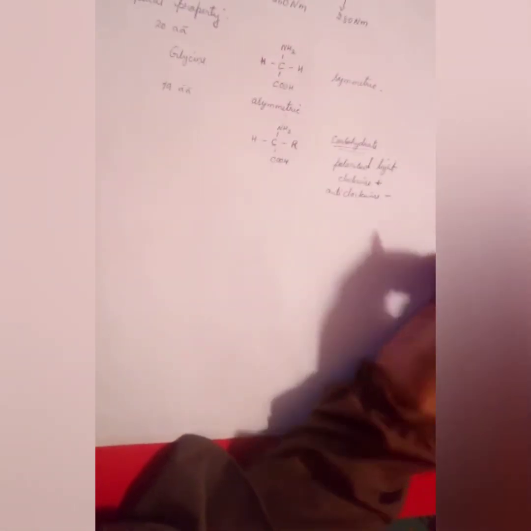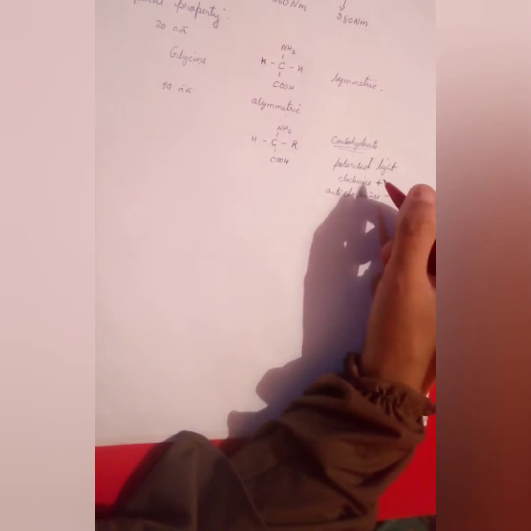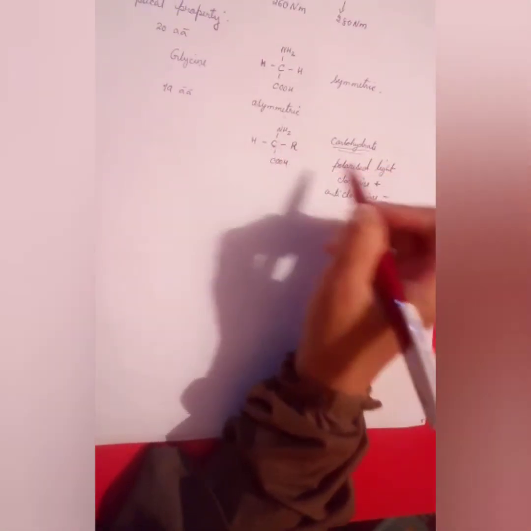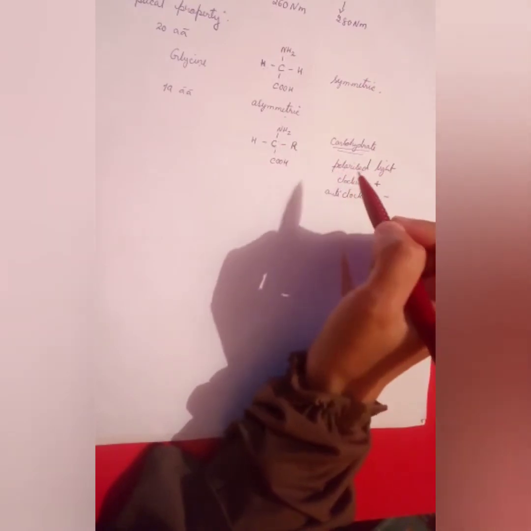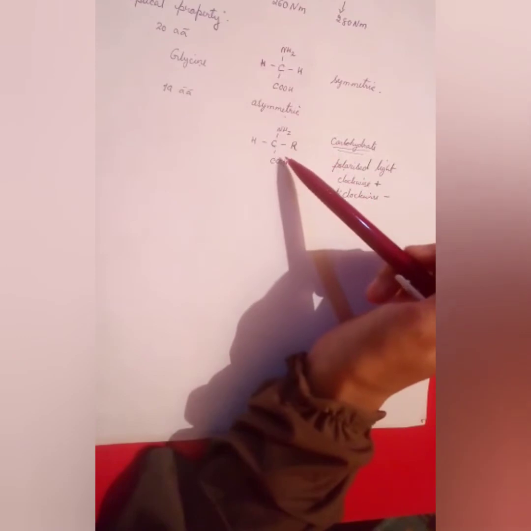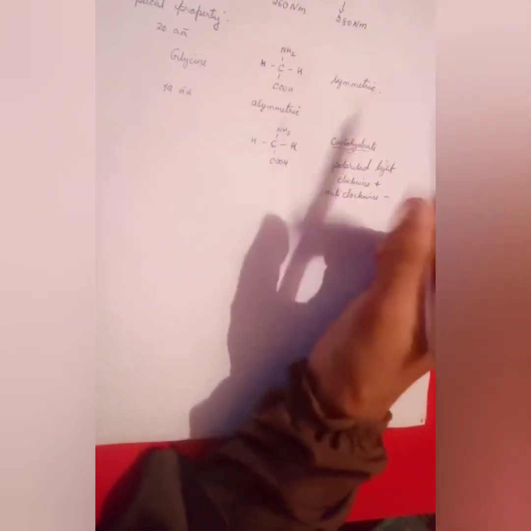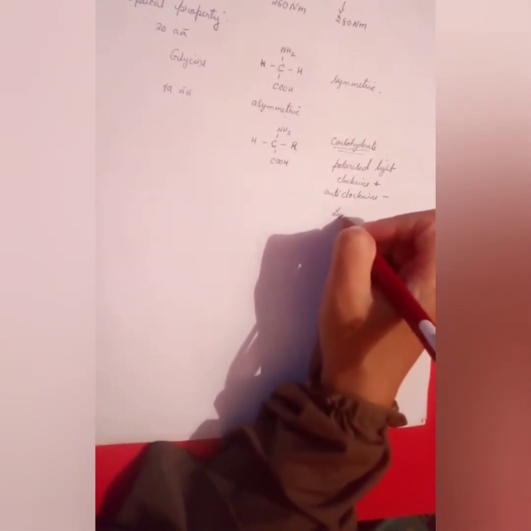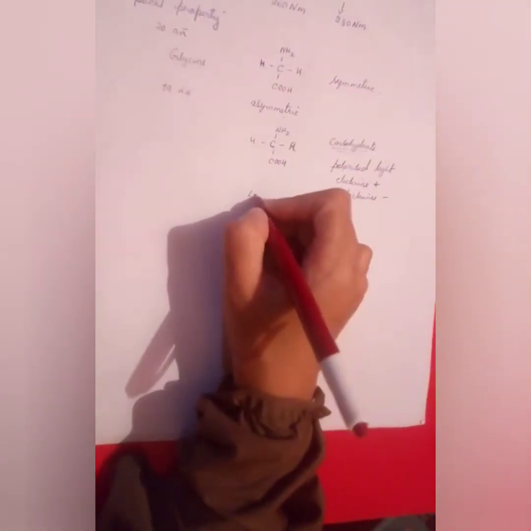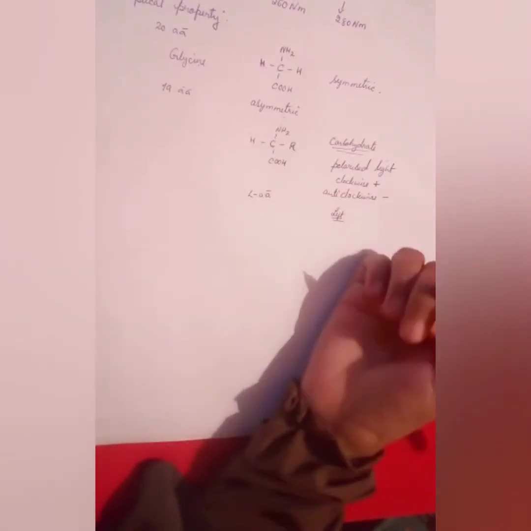Most of these 20 amino acids have specific rotation towards the left. So most of the amino acids are L-amino acids.